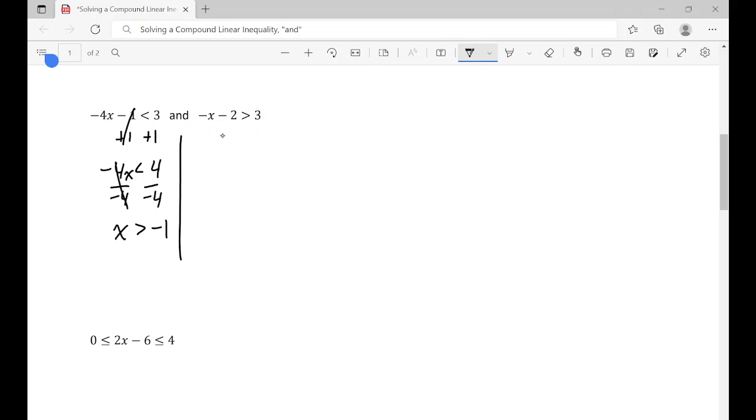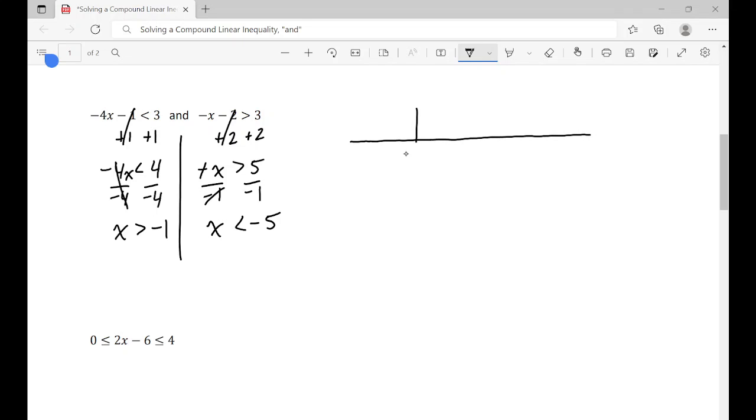Same thing here. Add 2 to both sides. Negative x is greater than 5. Divide by negative 1. And so x is going to be less than negative 5. And so again, kind of weird to see, so let me just draw it out.